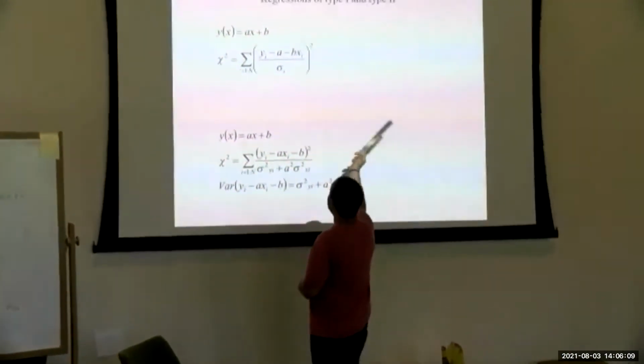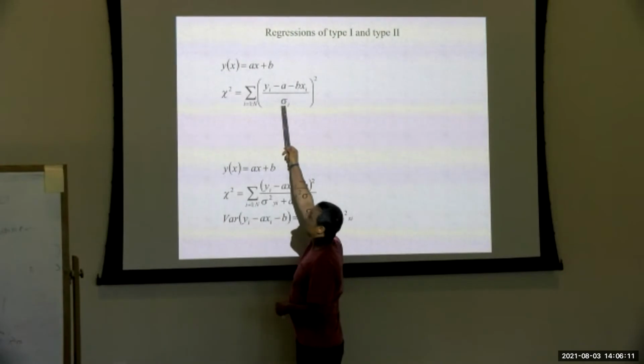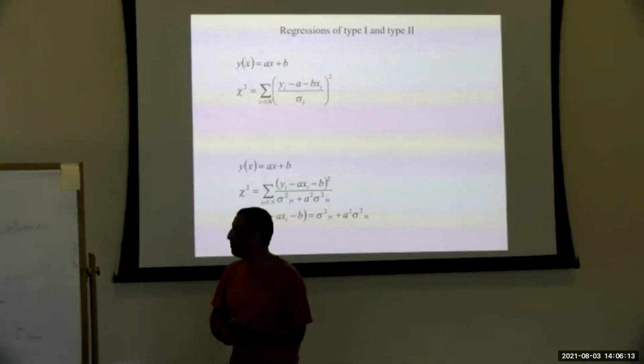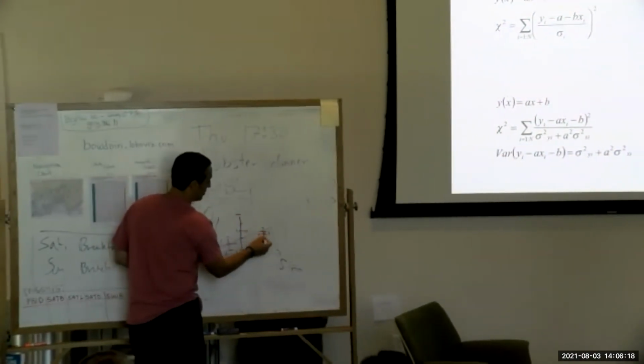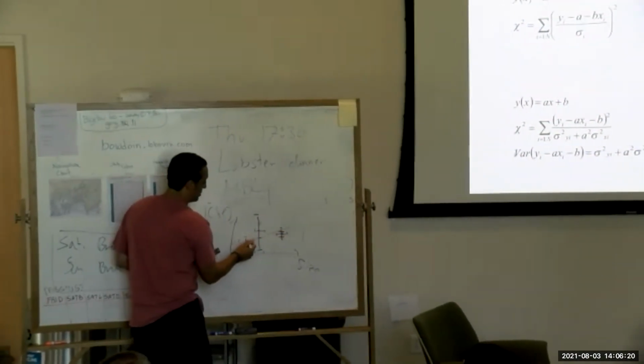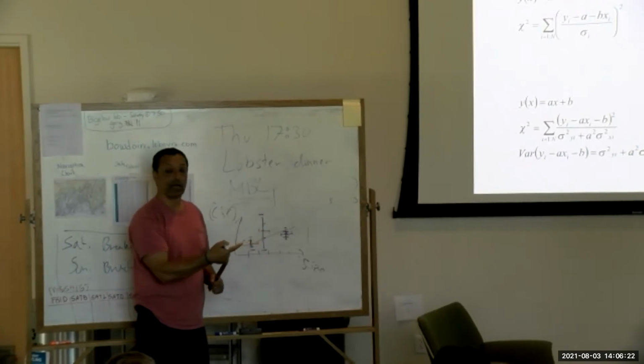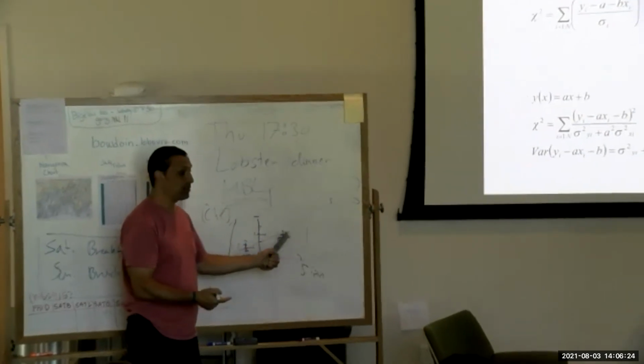So the next step is you can take uncertainties into account. I have a point that has a big uncertainty, this one, and this one has a small uncertainty, and this one has a small uncertainty. Why should this one weigh as much on my line as the rest of them?